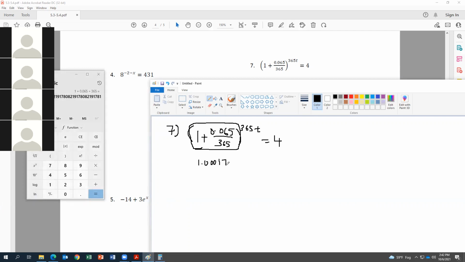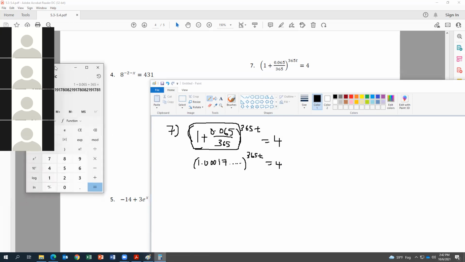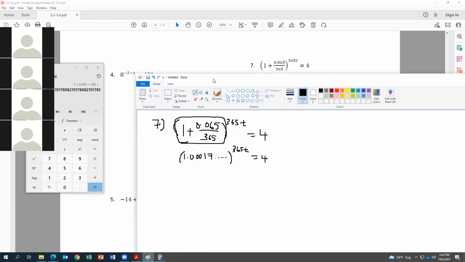Again, if you use 1 here, you will get it wrong. Make sure you use it, class. I just want to point out to you guys, do not round your answer when it's not finished yet. You can only round your answer at the very end, but before that, you cannot round it.